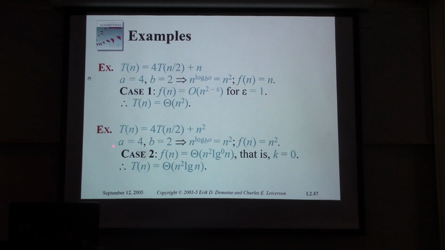And notice that our theta is theta of n squared log base 2 of n. So this lg n is simply the height of the tree, and this is the amount of work per level. That's what this one does. The previous one was a little bit different. Okay? Let's go on and see.